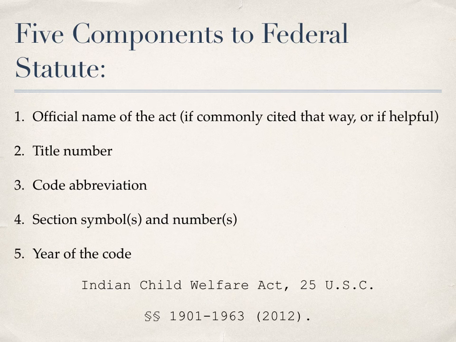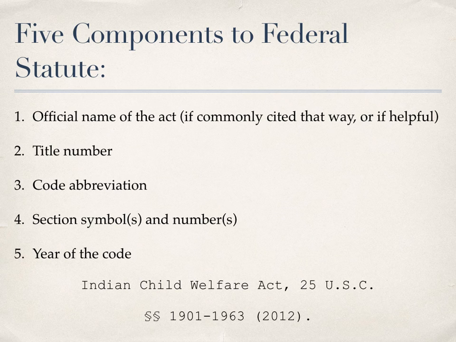This indicates that this is the entire span of the statute within the U.S. Code. I use 2 section symbols anytime I have more than one section of a statute, not subsection, but large section. Finally, I close with 2012 as my year of publication.